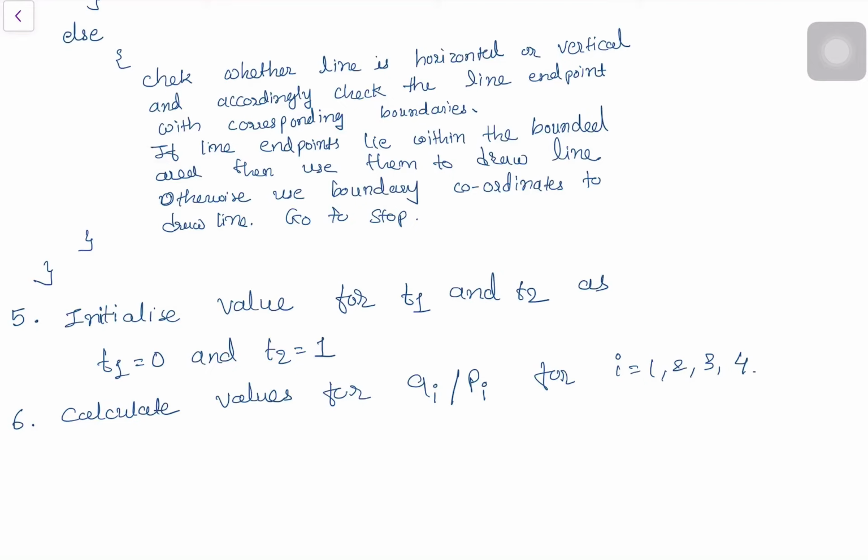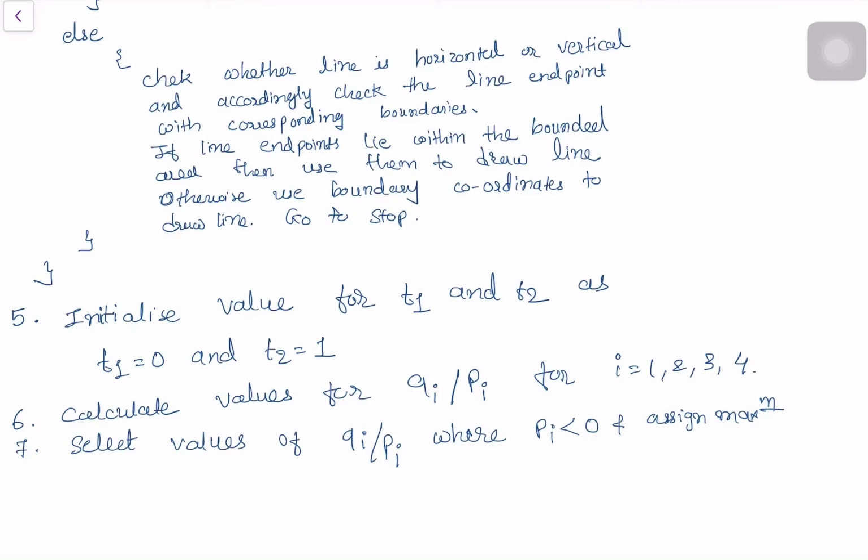Now step number 7: select the values of qi divided by pi where pi is less than 0, and assign the maximum out of them as t1.